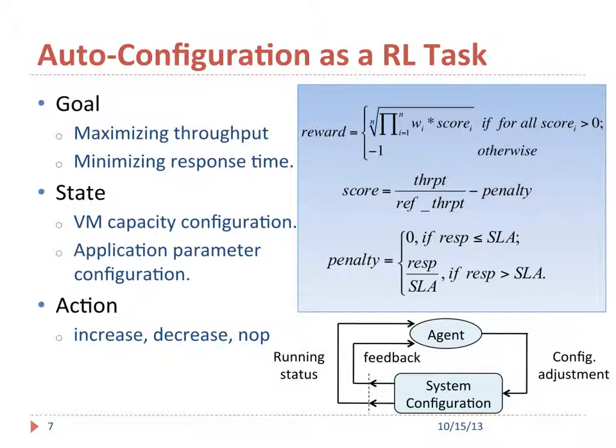Specifically, the goal is to maximize the application throughput and minimize response time. Each state is defined on a vector of VM resource configuration and the application parameter settings. The auto-configuration agent traverses the state by increasing or decreasing one parameter at a time. The agent will finally stop at the state with the best performance.